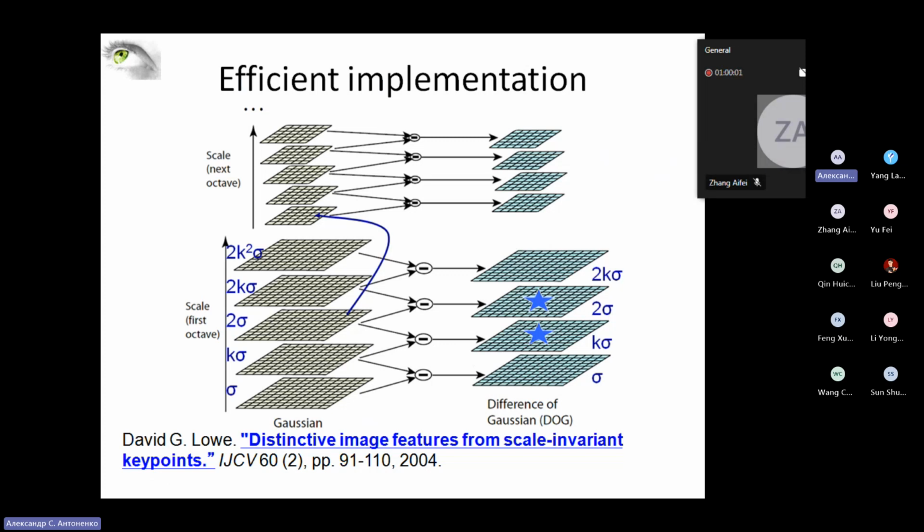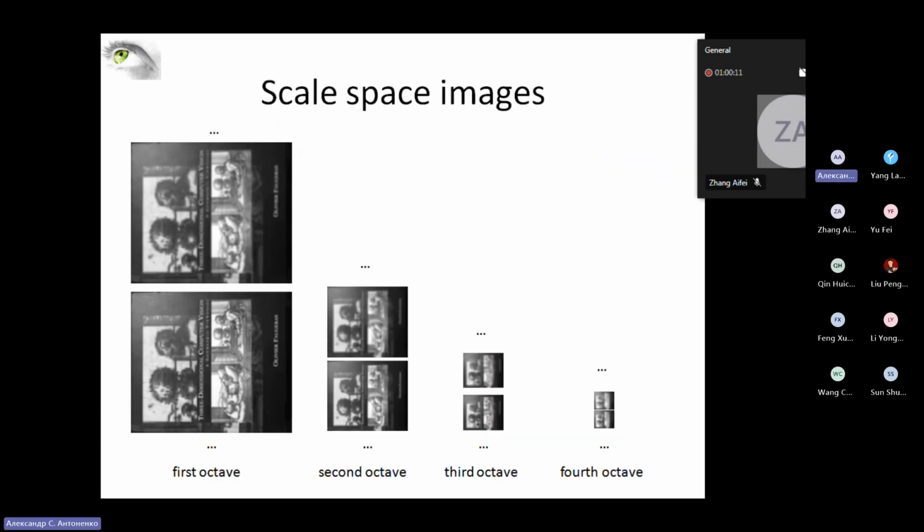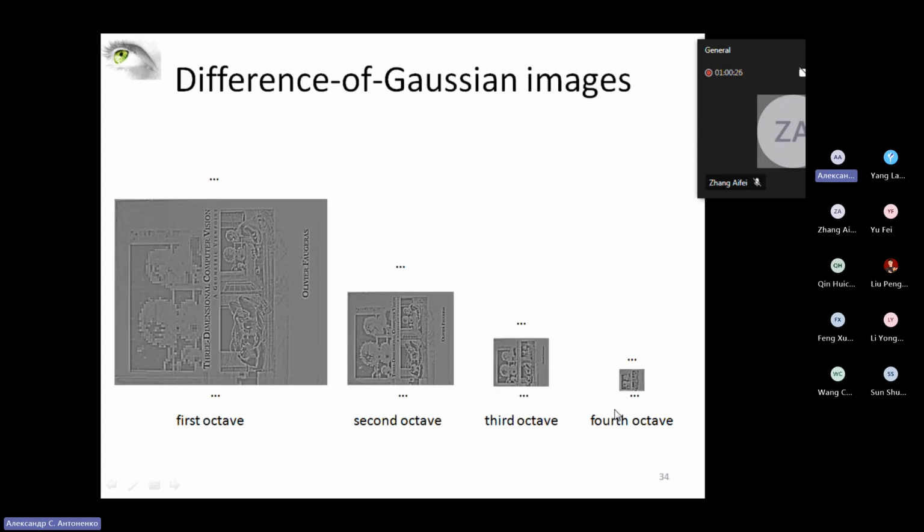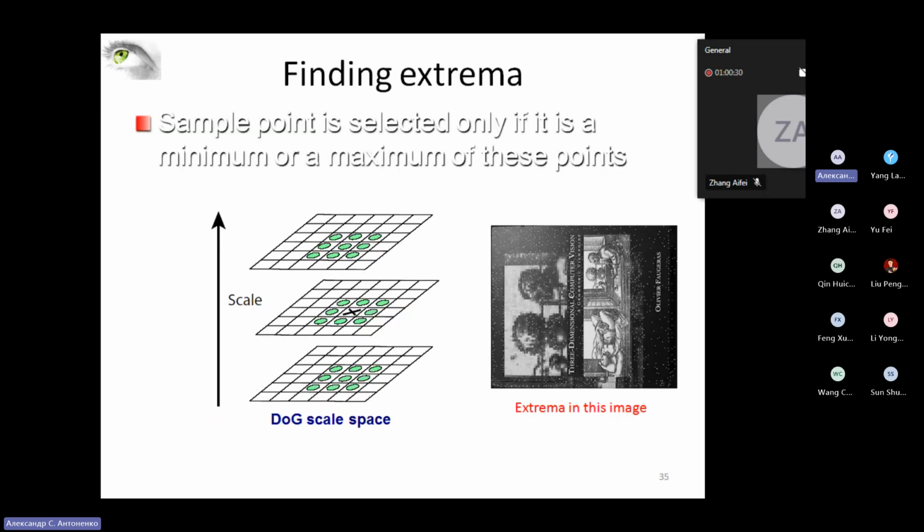To implement it efficiently, we can find the difference of Gaussians at different scales. So we can scale our image, a bigger image, then scale it smaller, smaller, and smaller. And the difference of Gaussians also scales the same.